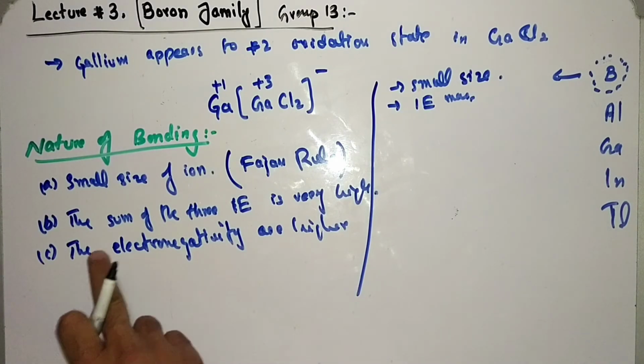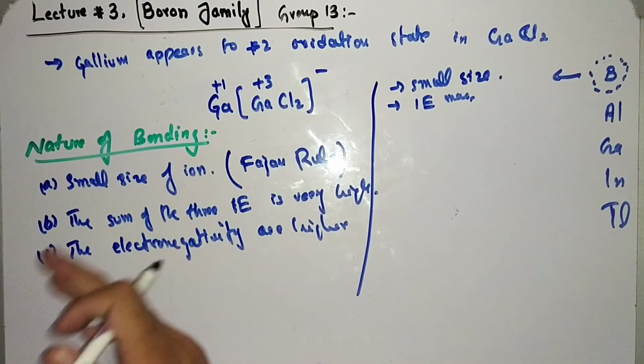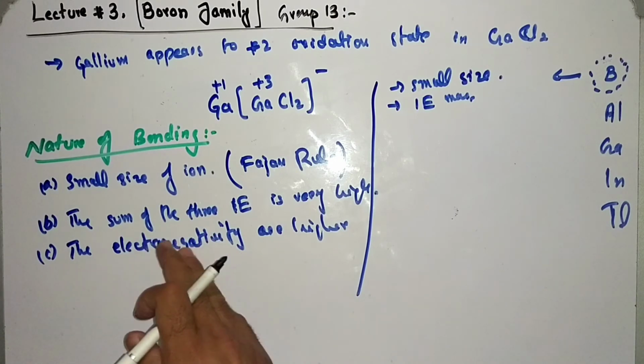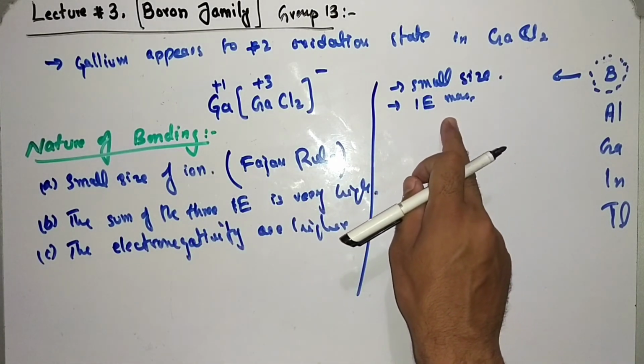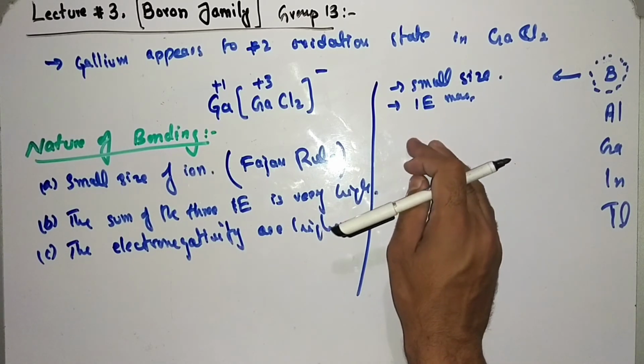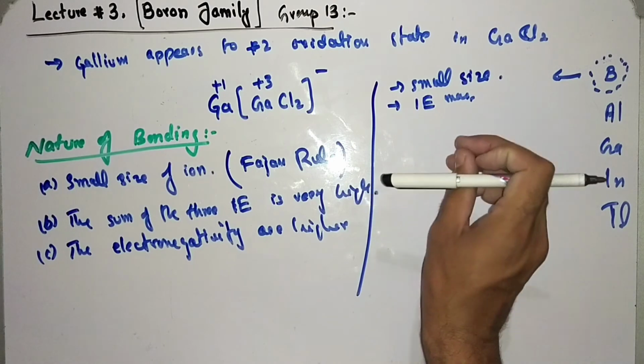The sum of the three ionization energies is very high. This is also a factor necessary for covalency, and it is present in boron. Boron has high ionization energy, so all the bonding in boron will always show covalency.